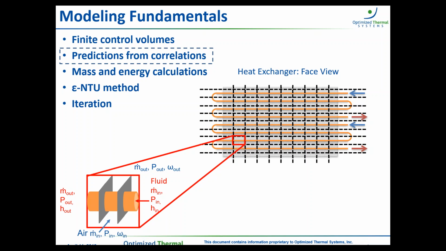So this is exactly the reason why we need to do model tuning of a heat exchanger, because these correlations are just predictions of heat transfer and pressure drop on our air and refrigerant surfaces. And sometimes when there are differences in manufacturing processes or geometry details, we can get different results. So the purpose of this session is to discuss how we can tune these characteristics of the heat exchanger performance to better match what we know to be true from experimental data.